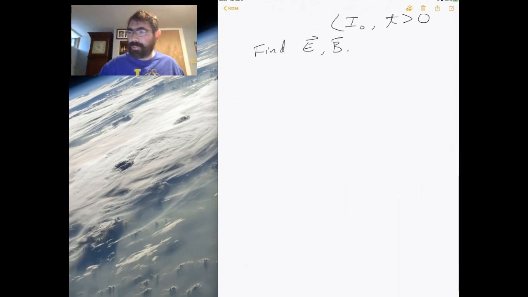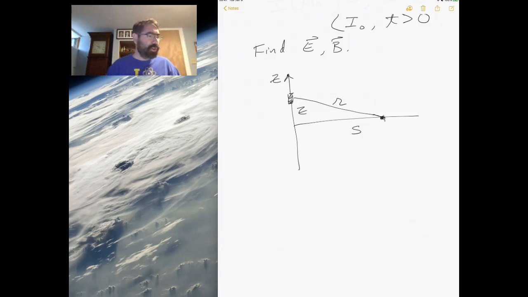Okay, so if I was to draw the picture, let's say we put the current on the z-axis. So here's my infinitesimal amount of current, like so. This is some distance s, this is some distance z, and the distance between the current and where I'm measuring at s is r.